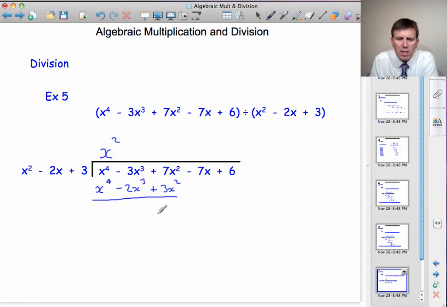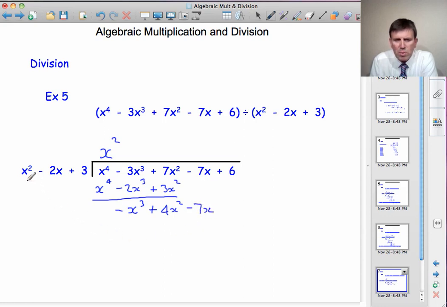Subtract, see what's left. The x to the 4's disappear. Minus 3x cubed minus 2x cubed is minus 3x cubed plus 2x cubed, which is minus 1x cubed, or minus x cubed. Plus 7x squared take away 3x squared is plus 4x squared. And we bring down the next term.